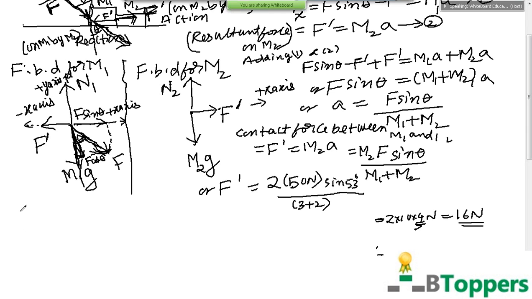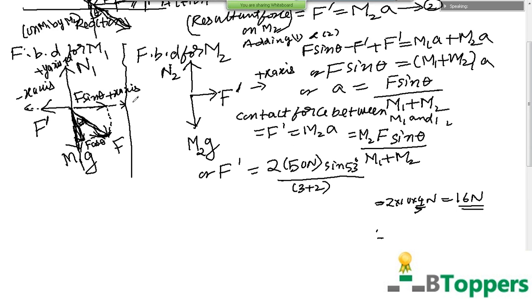For the mass M1, the y component of the resultant force is N1 minus M1g minus F cos theta.